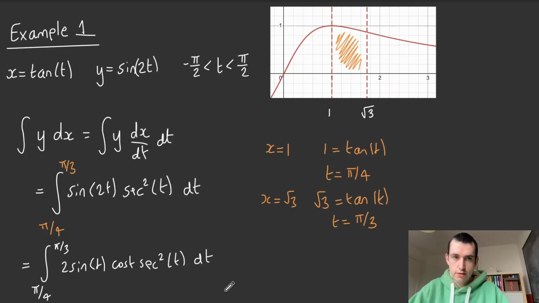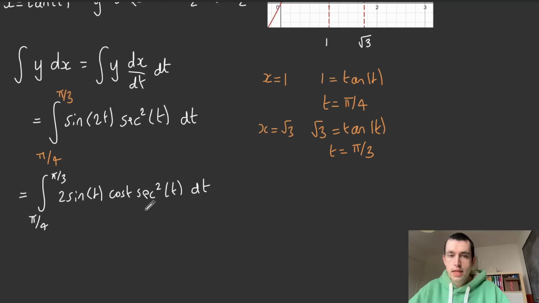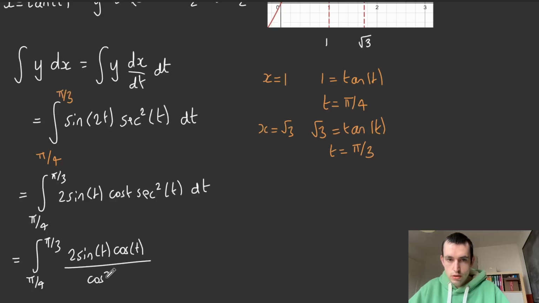Too many t's, if you ask me. What's the definition of sec squared? It's 1 over cos squared, which means we can write this as 2 sine t cos t over cos squared t dt. And one of these coses is going to disappear from the numerator and the denominator.